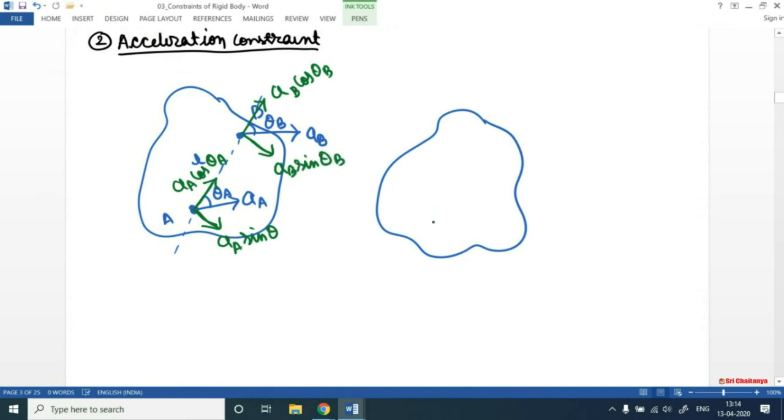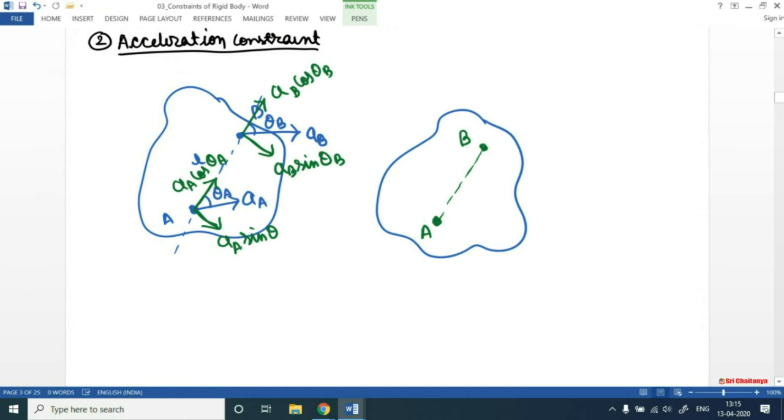So if we analyze the motion of point B with respect to point A over here, we can imagine point A to be instantaneously at rest. Here we can imagine that point B is accelerated.